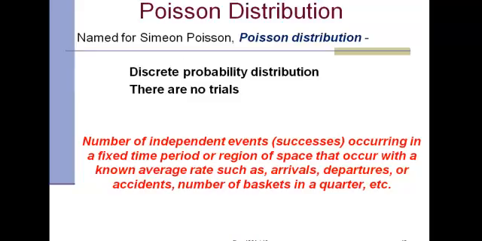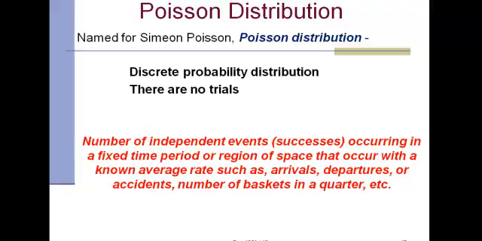Okay, the Poisson distribution. Well, the Poisson is a little bit different, and it's kind of confusing sometimes for students, and sometimes they don't see the difference between it and binomial. First of all, it is a discrete probability distribution. Another thing that makes it different is there are no trials.